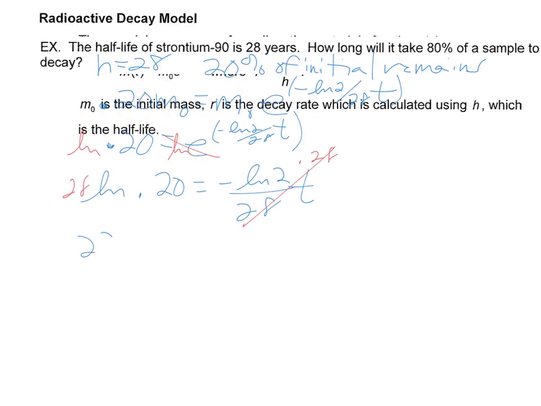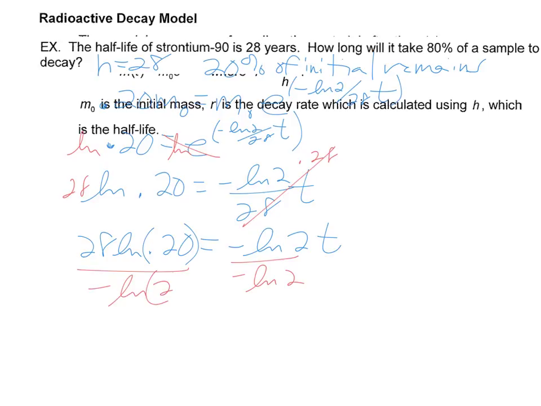And then I've got 28 natural log 0.20 equals negative natural log of 2 t. Divide both sides by negative natural log of 2. All into the calculator, and you get 3561.13 years.